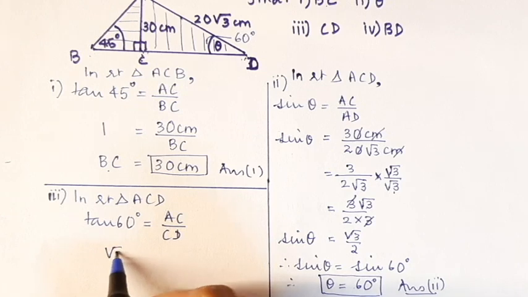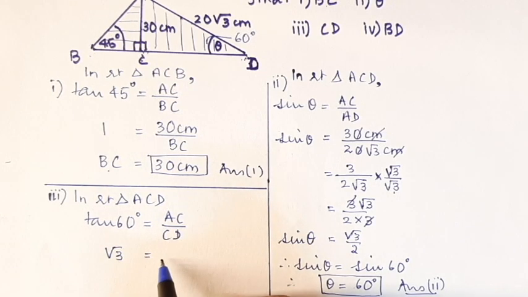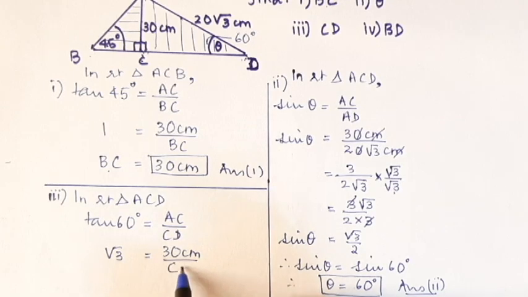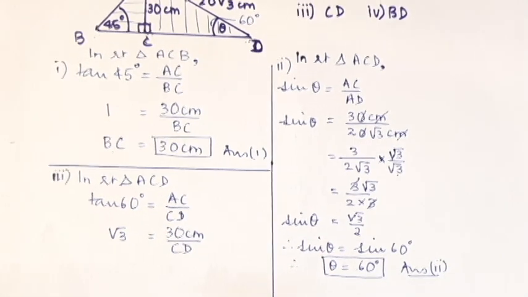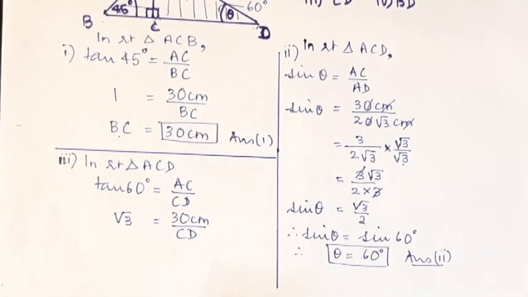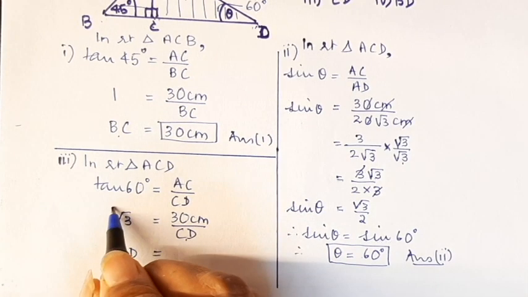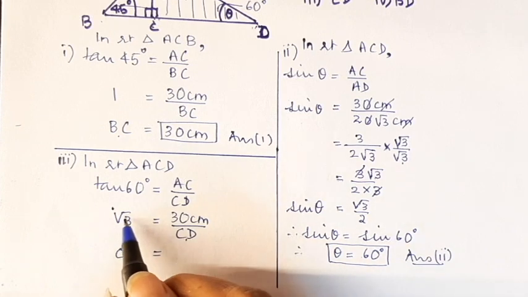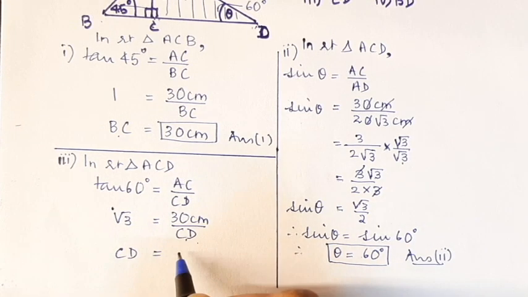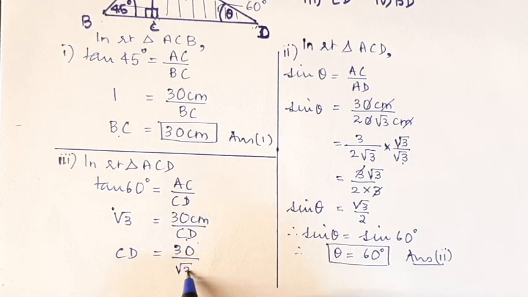Tan 60 is root 3, AC is 30 centimeter upon CD, and so we are going to have CD comes here this side, it comes in the numerator, and root 3 goes this side in the denominator, so 30 upon root 3.